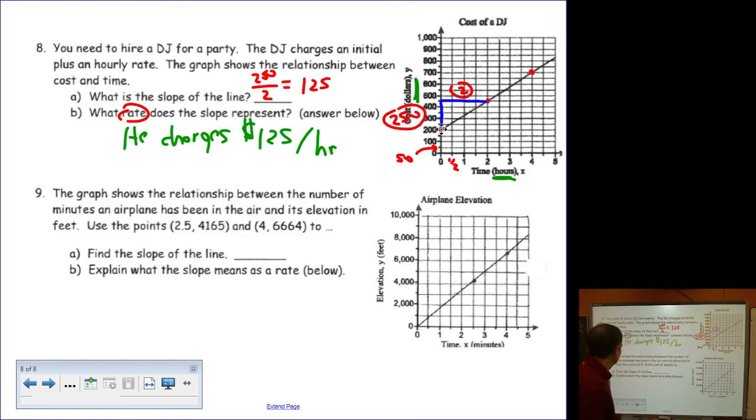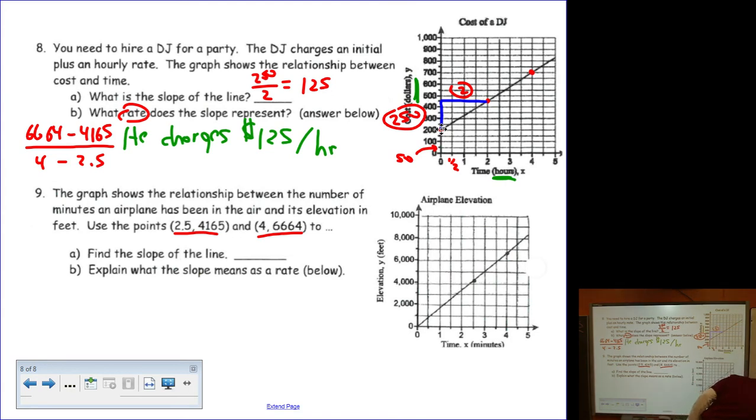And last up, number 9. The graph shows the relationship between the number of minutes an airplane has been in the air and its elevation. Use these points to find the slope. All right, so I would do y minus y over x minus x.